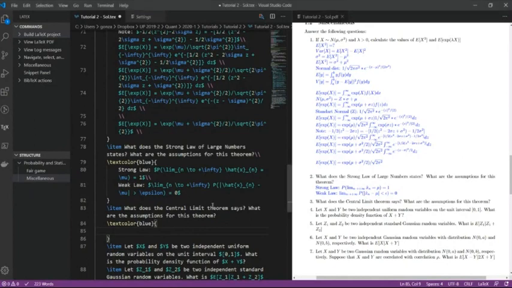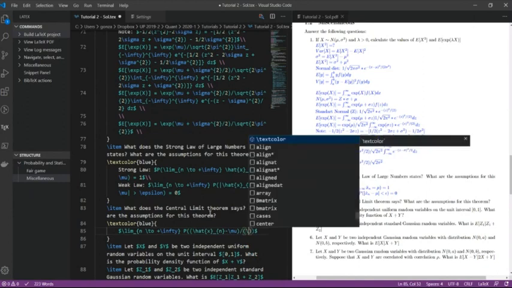I'm going to write this down. Again, I'm going to copy my limit of n tends to infinity, the probability of our sample mean minus mu, all of this divided by our sample variance.